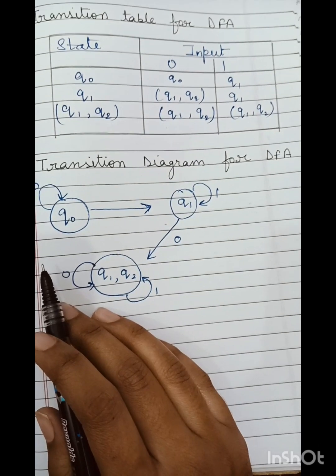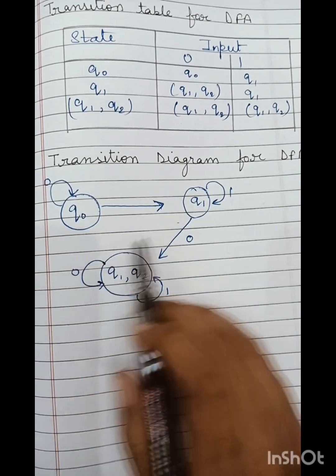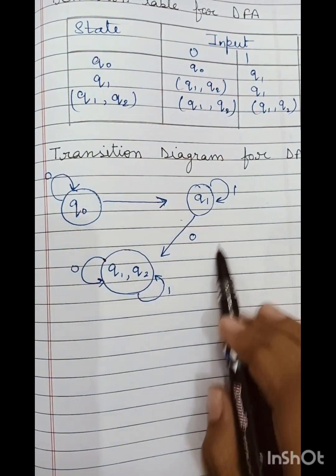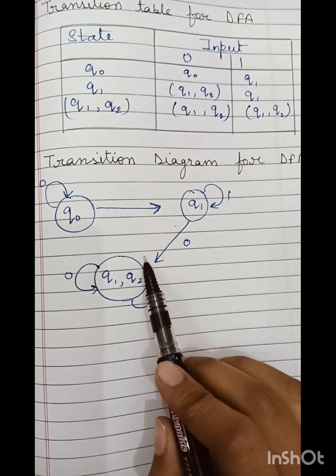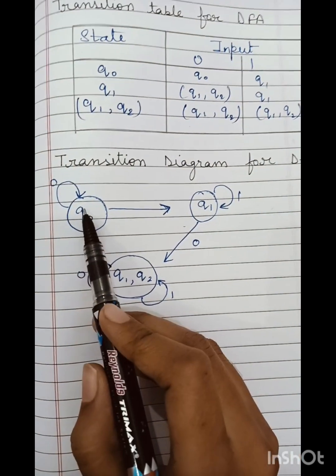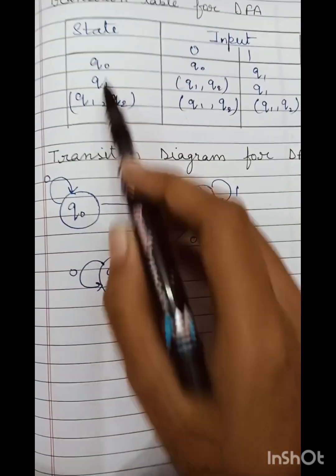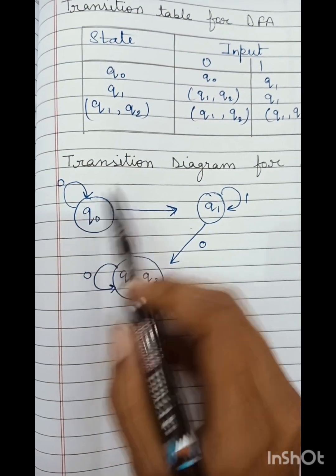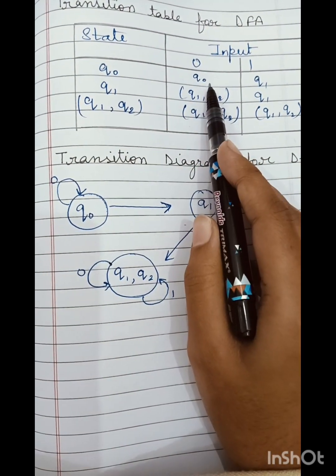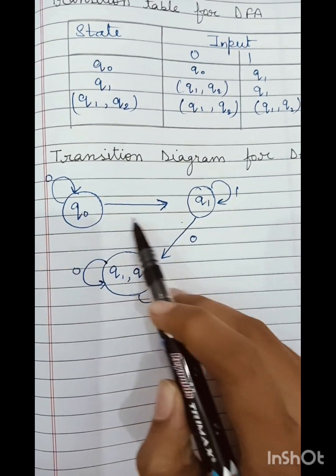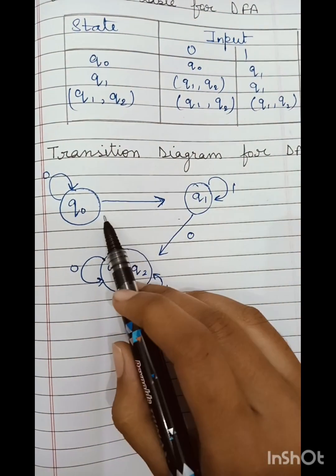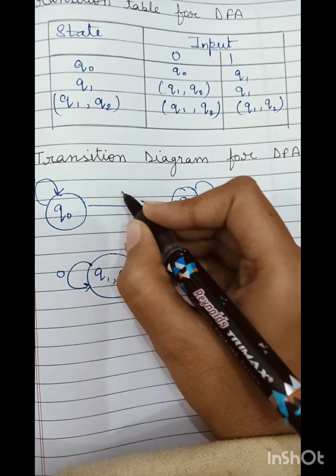Now the transition diagram for this DFA will become this. With the help of this table, we can draw it. Q0, when it gets input 0, gives Q0.